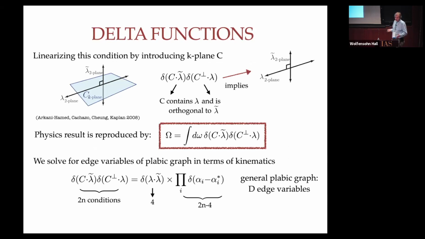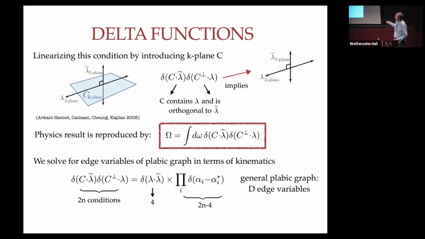the motivation to even introduce these Grassmannians in the first place in physics is to think about this condition of the lambda and lambda tilde planes being orthogonal and trying to linearize it. So instead of a condition between lambda and lambda tilde, try to make it a condition on lambda and lambda tilde separately. So for that, we introduce a k-plane C, and we force the C to contain lambda and be orthogonal to lambda tilde.